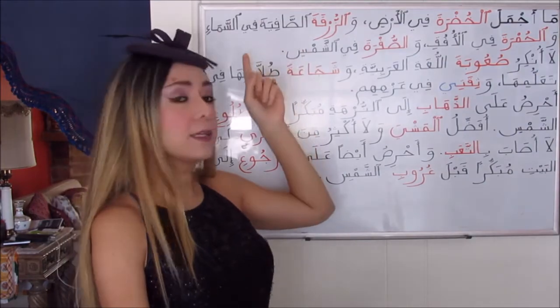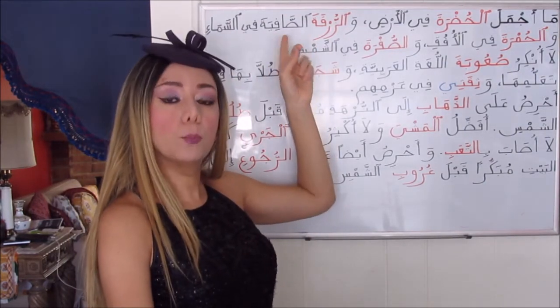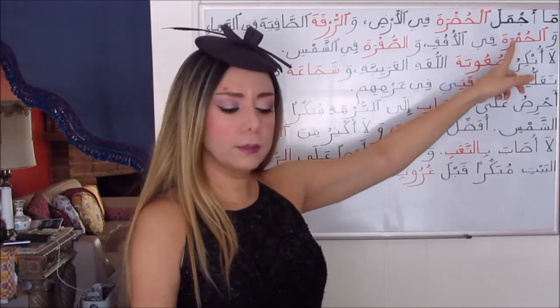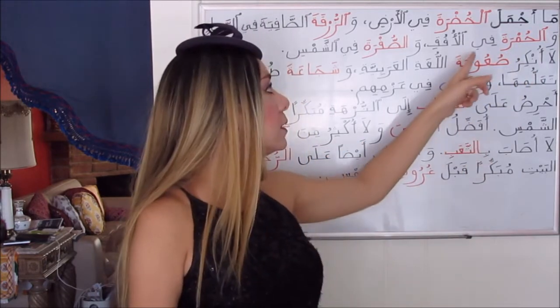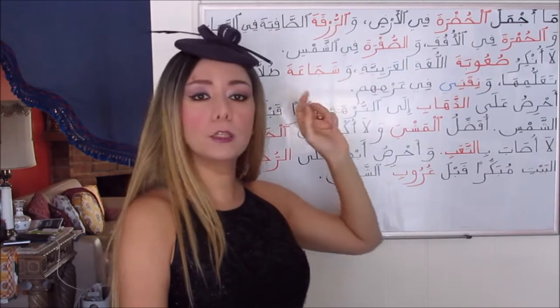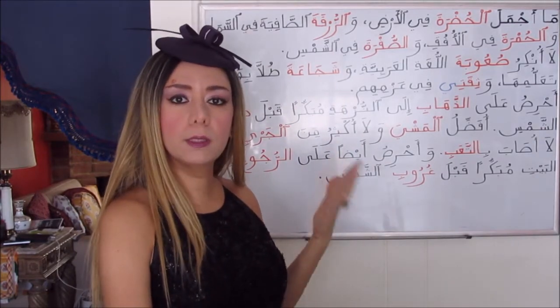So it has this characteristic, الصافية, the clear blue. The clear blue in the sky. And the red on the horizon, في الأفق, on the horizon. And the yellow of the sun. How beautiful they are.